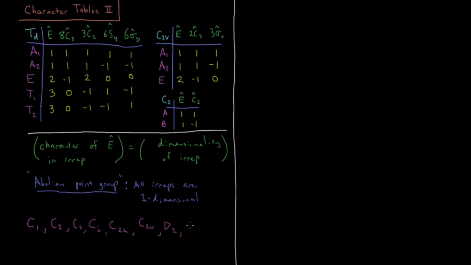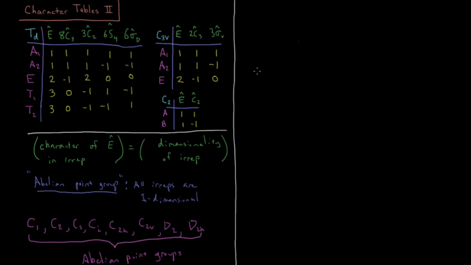D2 and D2H. These are all abelian point groups. Every number in their character table is either a 1 or a -1. There are no zeros, no 2s, no 3s, etc.